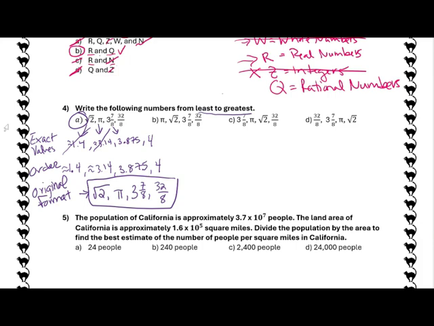Again, if each option didn't have the same exact number of values, like each one has pi, each one has square root 2, each one has 3 and 7/8, each option has 32/8, if they were different, then I would do the same process for each one to see which one was in the correct order.